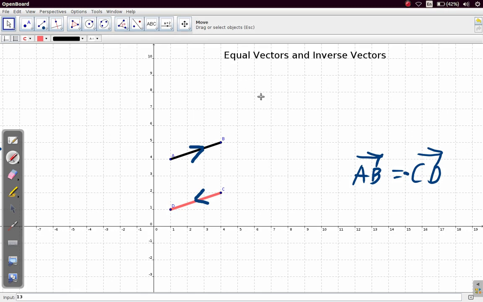So equal vectors have the same magnitude and act in the same direction. Equal vectors, same magnitude, same direction. But inverse vectors have the same magnitude, but they act in opposite direction.